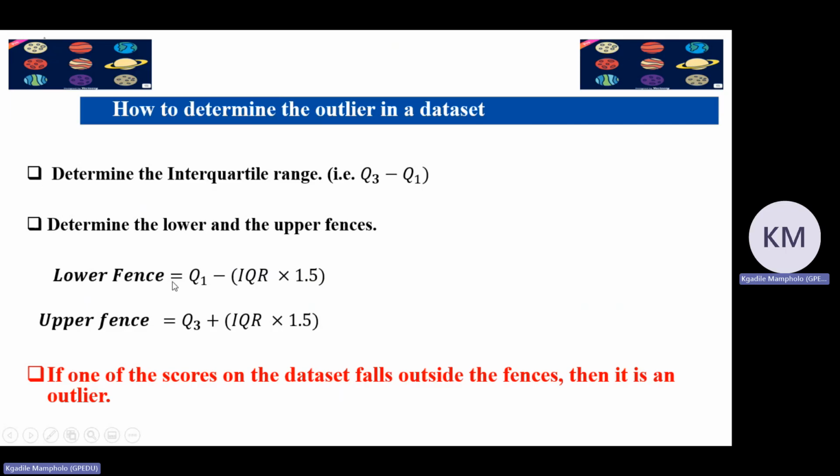The lower fence is Q1 minus interquartile range times 1.5. The upper fence is equal to Q3 plus interquartile range times 1.5. If one of the scores in a data set falls outside the fences, then it is an outlier.